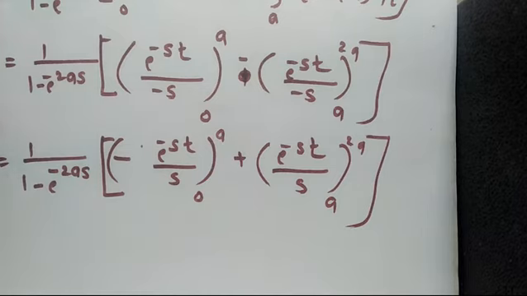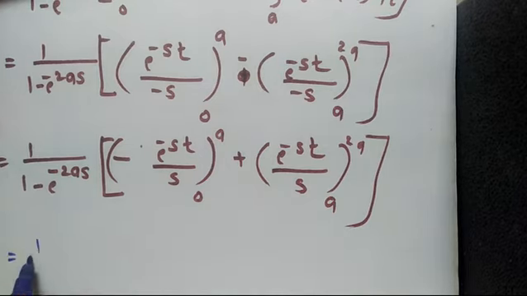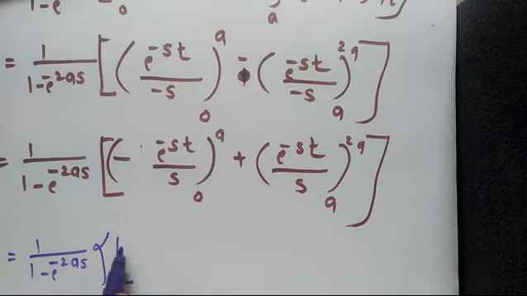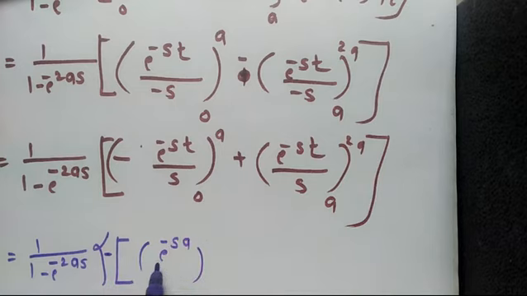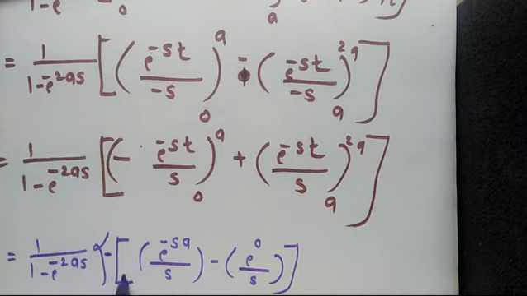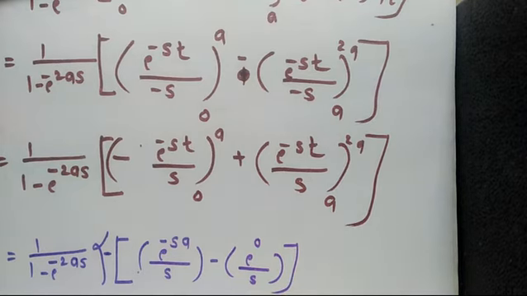Now we will put the upper and lower limits. 1 upon 1 minus e to the power minus 2as, curly bracket, this minus keep outside. What will you get? Upper limit e to the power minus sa by s minus lower limit 0, e to the power 0 by s. This is the upper limit minus lower limit.